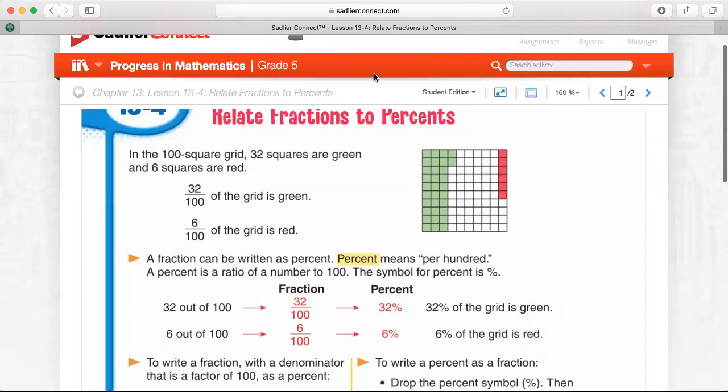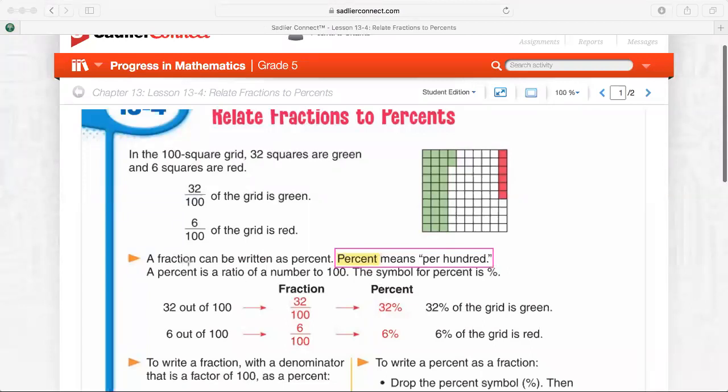First of all, we have to know what is the meaning of percent. A fraction can be written as percent. Percent means per 100. Let me highlight it. Percent means per 100.